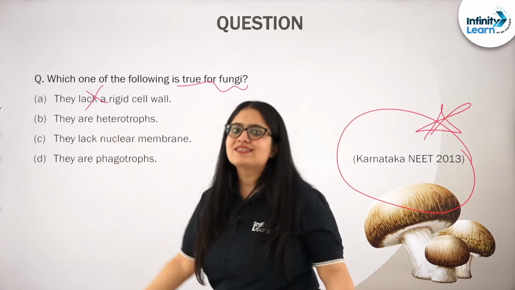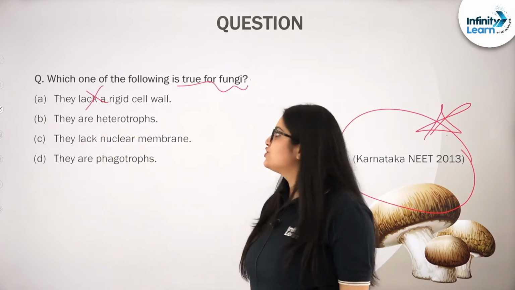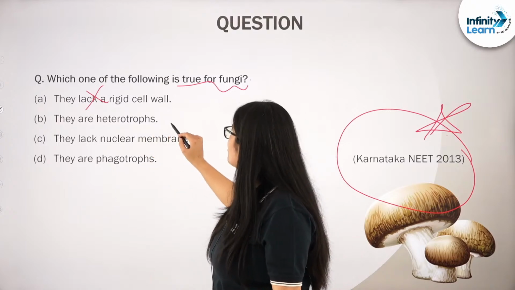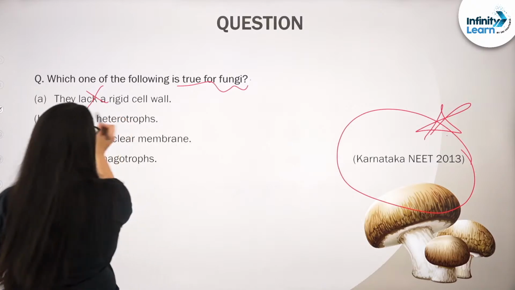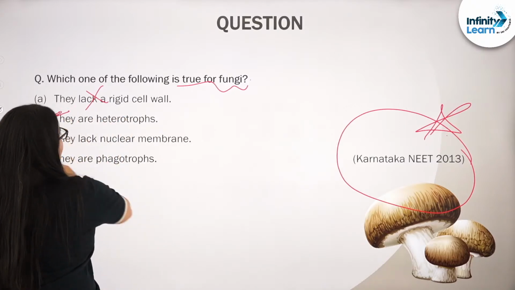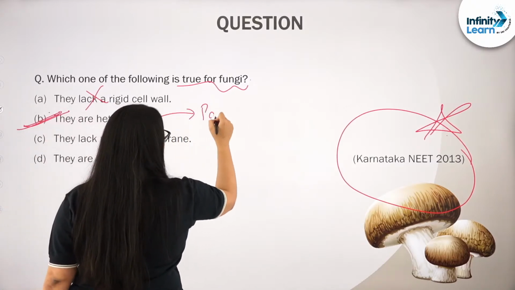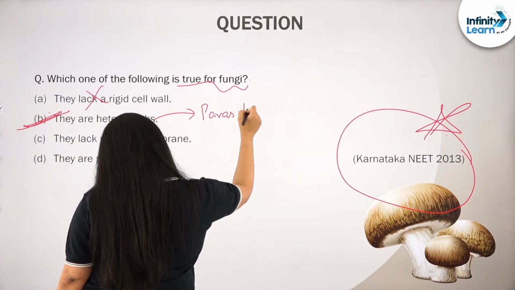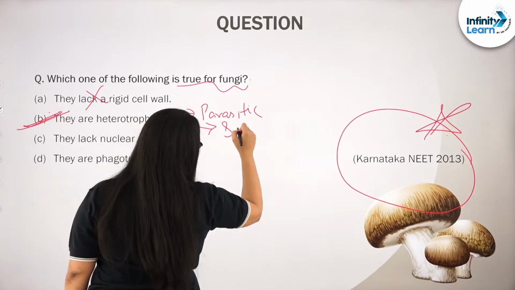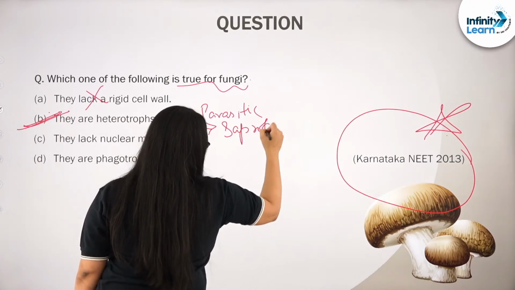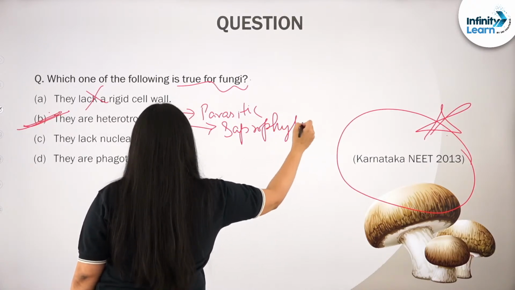No, they do possess a rigid cell wall. They are heterotroph. Yes, they are heterotroph. This one is in fact correct. They can be parasitic or they can be saprophytic.